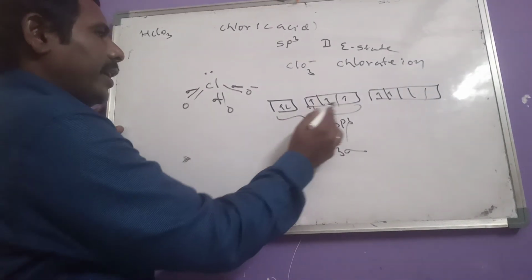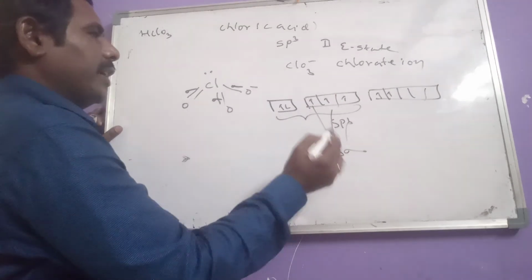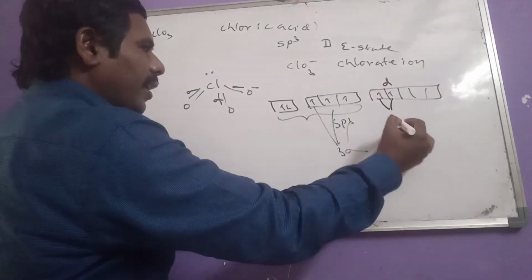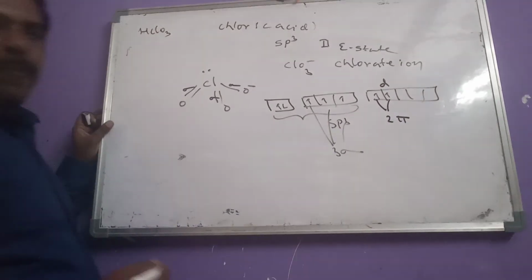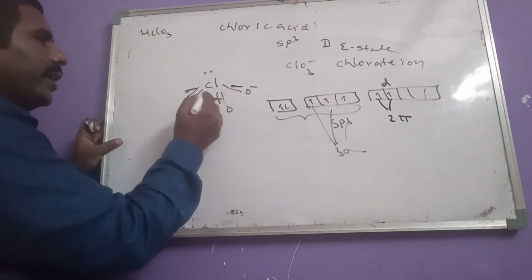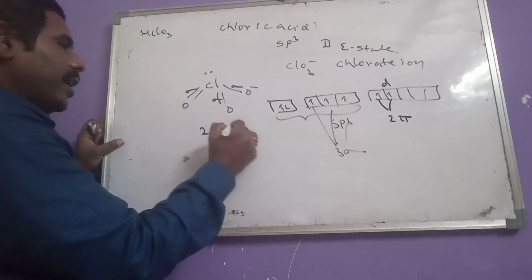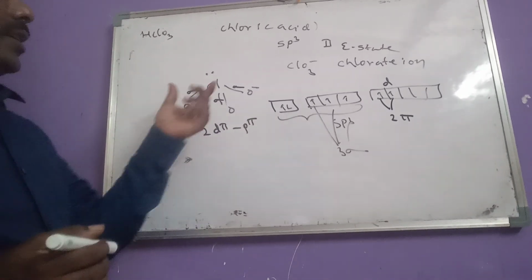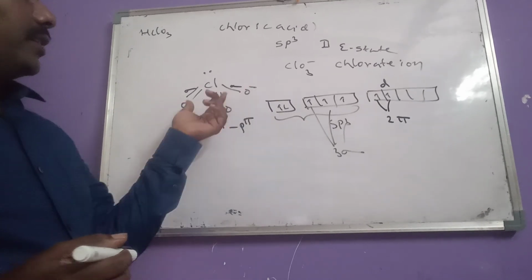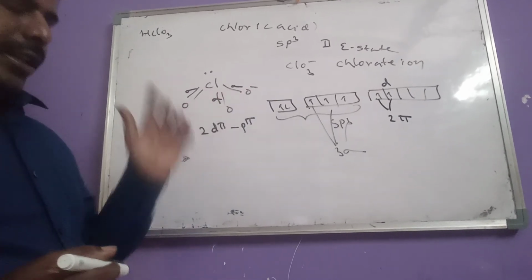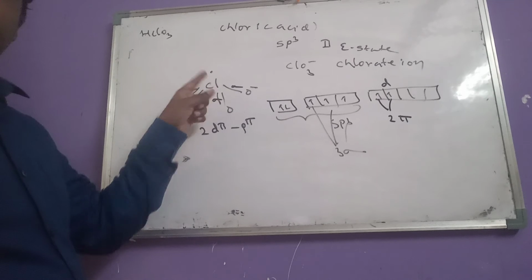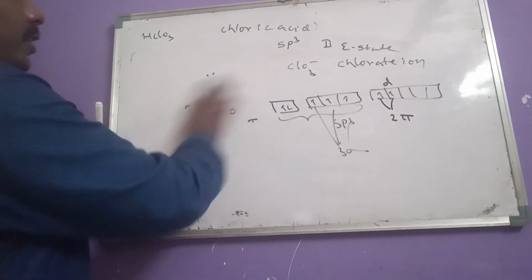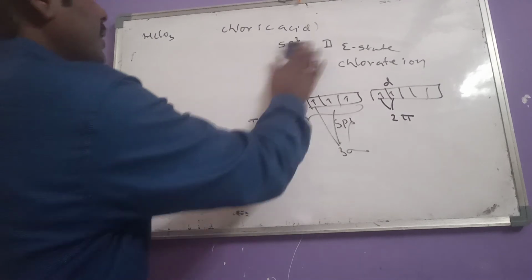And these two unpaired electrons present in d orbital form pi bonds. So two d pi p pi bonds are present in chloric acid, or in the structure of chlorate ion. And only one lone pair. And then another one, perchloric acid.